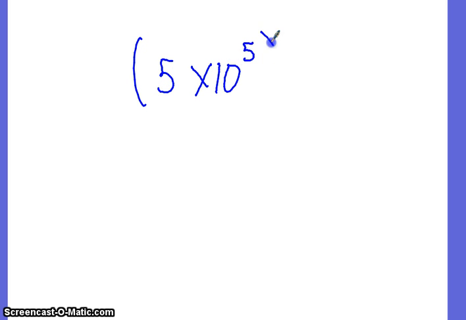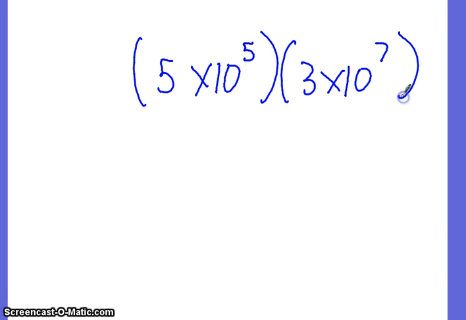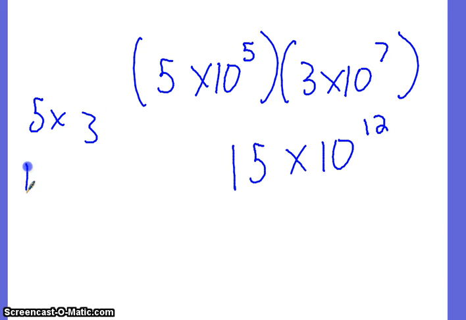Let's try another one. How about this one will not be in correct form? All right, what's 5 times 3? 15. 15 times 10 to the 12th power, because 7 plus 5 is 12. So we did 5 times 3, and we did 10 to the 5th times 10 to the 7th to get that.